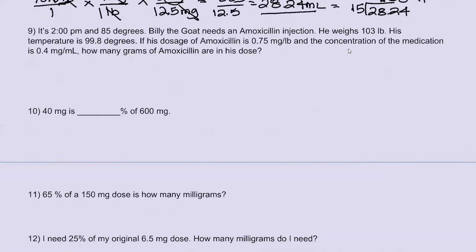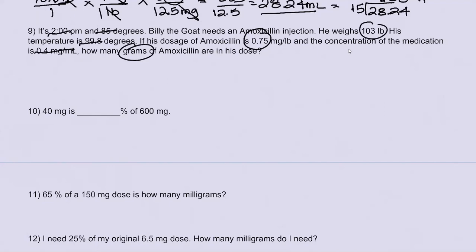They have already told us his dosage, so we don't care about the time. We don't care about his temperature. We also don't care about the concentration. So that leaves us with his weight, his dose, and the word grams, right? So let's go ahead and just plop that all in.